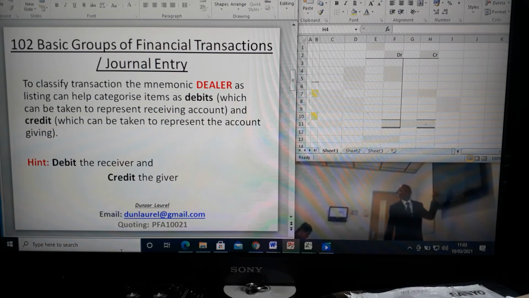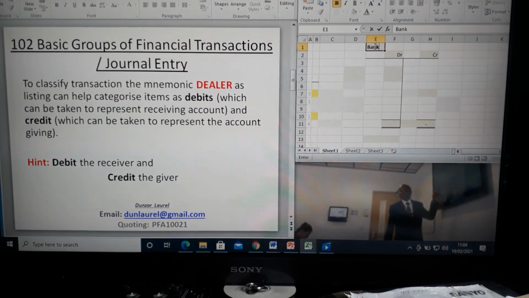Whilst I'm here, let me quickly explain this again with you. On the screen here is an Excel spreadsheet. For argument's sake, if I want to know what balance a bank account will be holding, so let's call that a bank account, AC for account.